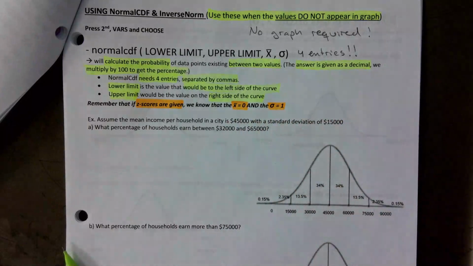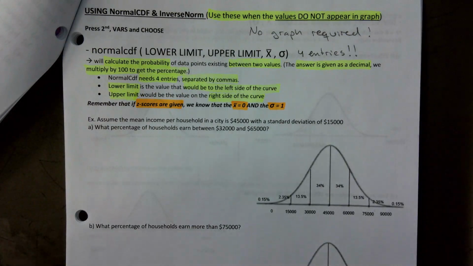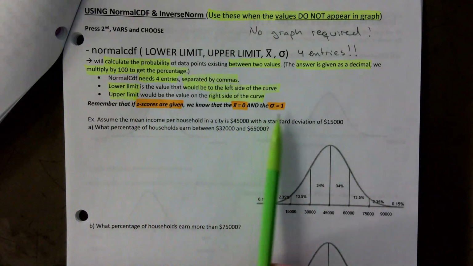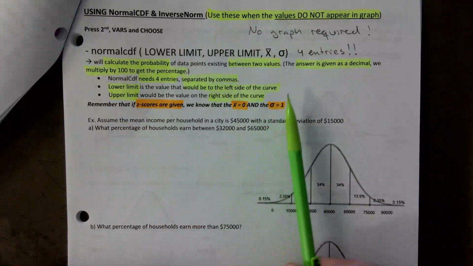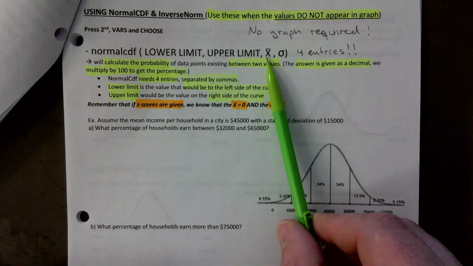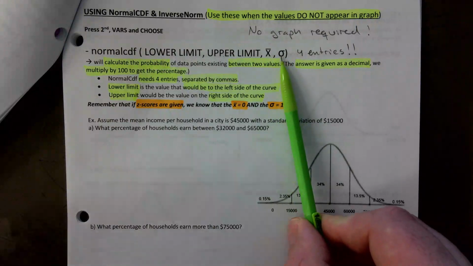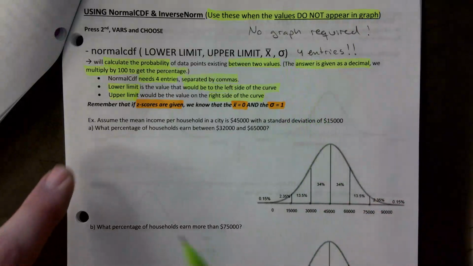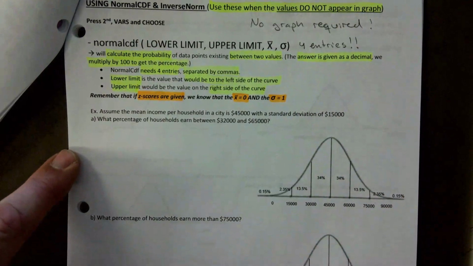So that's something that you need to know right off the bat. It's like, wait a minute, I need my mean and standard deviation. No, you don't. If I give you z-scores, you already know this. So technically, watch this. This would be 0, and this would be 1 when you enter the 4 entries automatically. Okay? So let's try this.